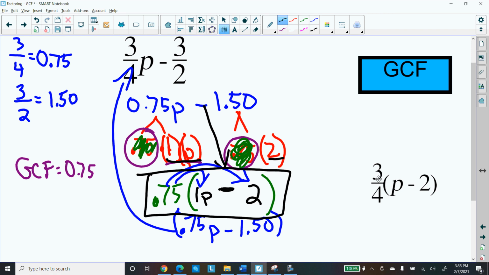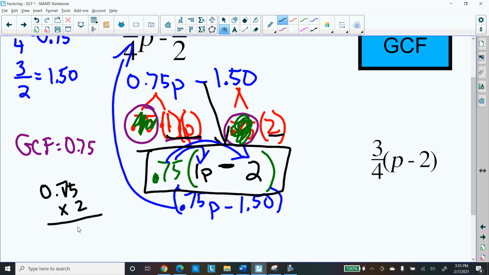Now if you notice, 0.75 is 3/4, because I have it up there, 75 cents. And 2 times 0.75, let me write that out, because let me multiply 0.75 times 2. You won't believe this. When you have 75 cents 2 times, it's $1.50, because you may not believe it.